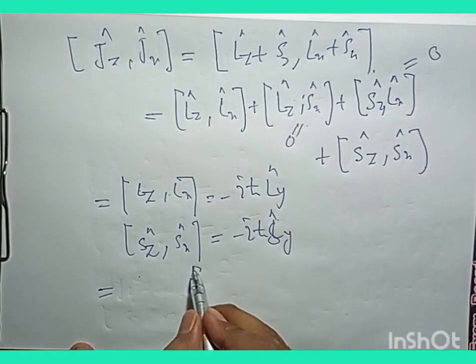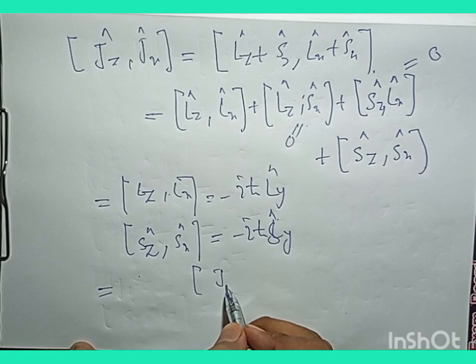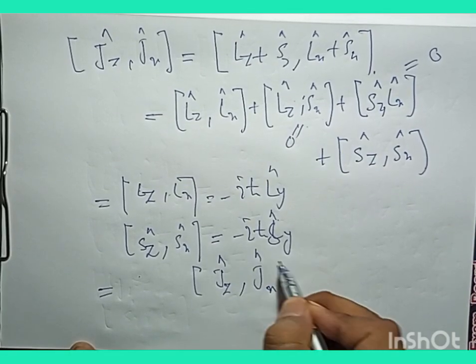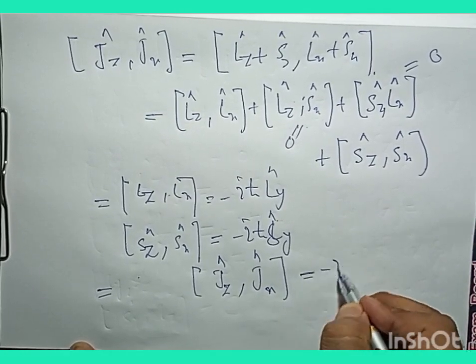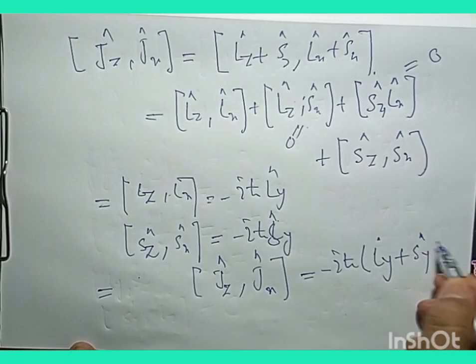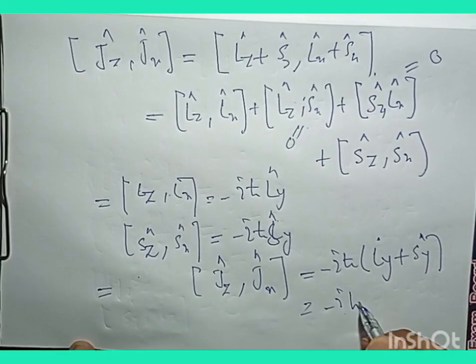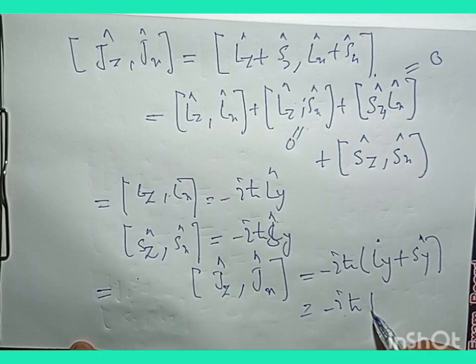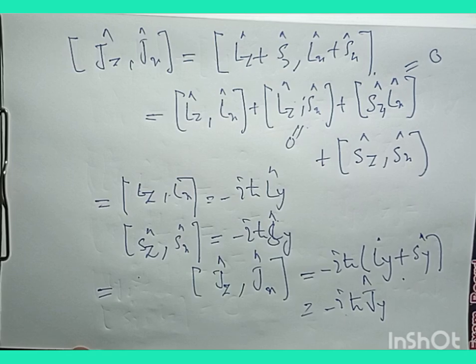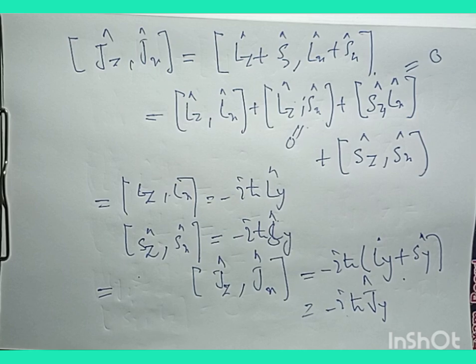So the commutation relation between the components of total angular momentum, Jz cap and Jx cap, is going to be minus iħ (Ly cap plus Sy cap). So this will give us minus iħ Jy cap.